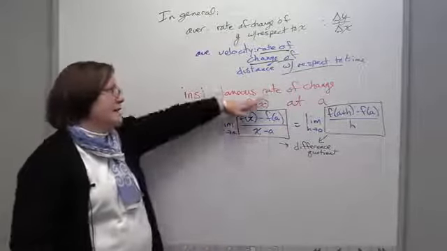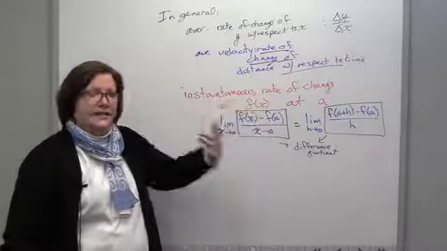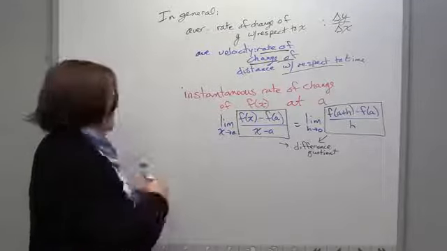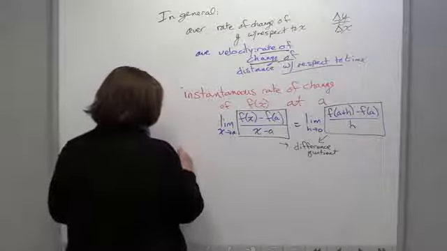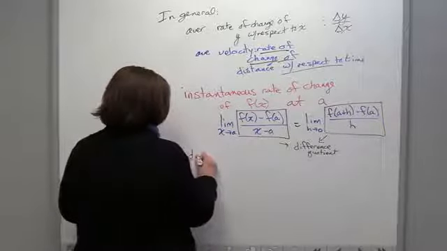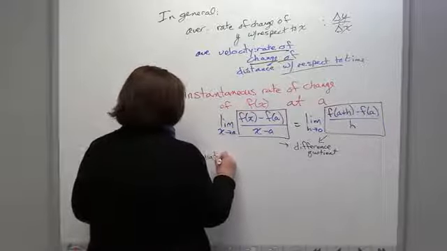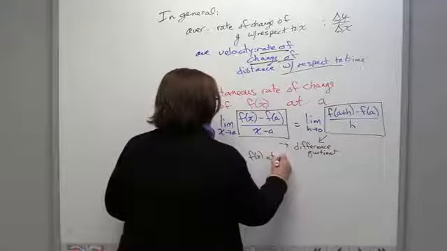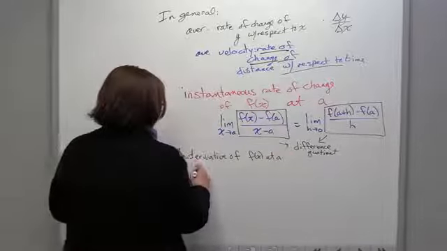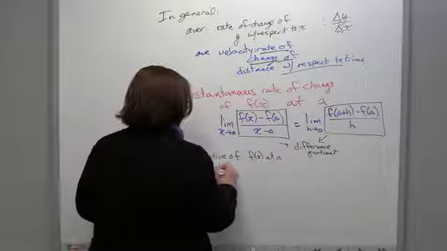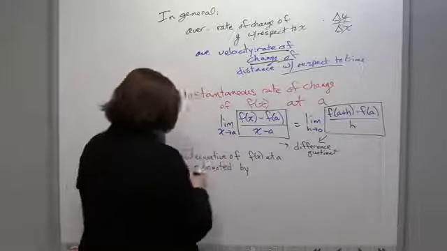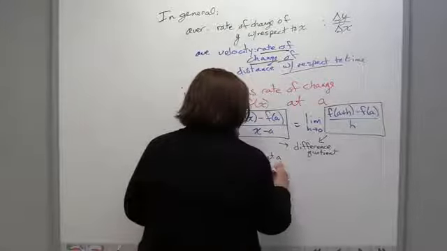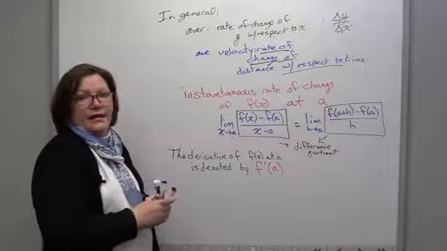And what happens is this was so important to look at in lots of different contexts, they needed to call it something. And that is called the derivative. So we have the derivative of f of x at a is denoted by f prime of a.